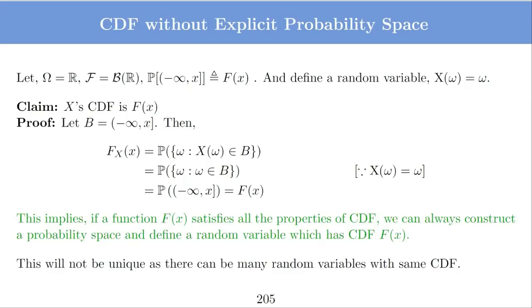So what is the probability of B? The probability of (-infinity, x] is by definition equal to F_X(x). So you can prove that for any x, the CDF of X is equal to F_X(x).